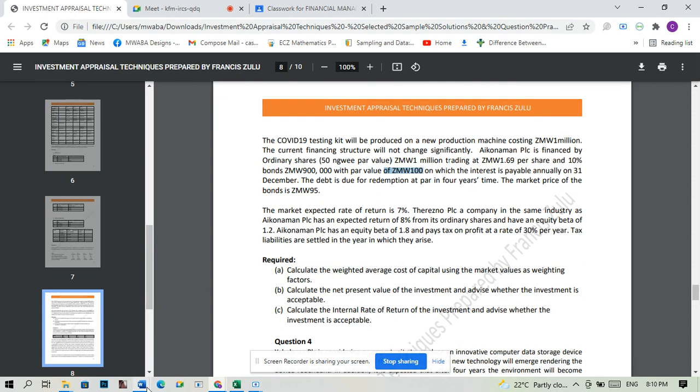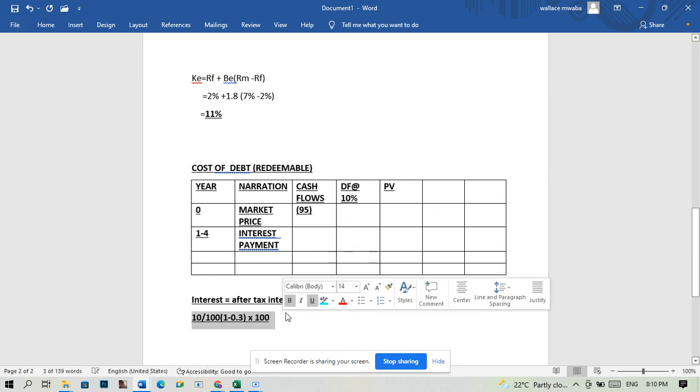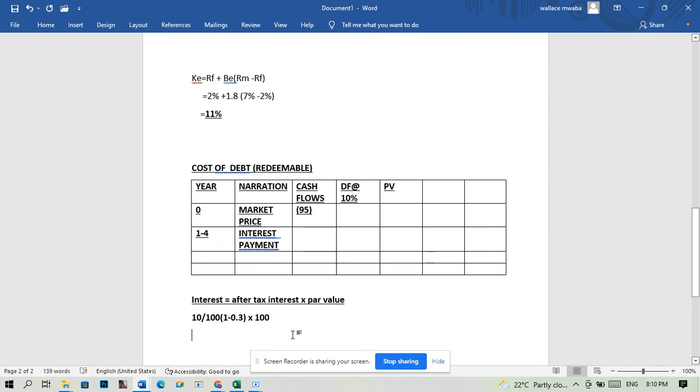So 1 minus 0.3, you get 0.7. 0.7 times 10, you get 7. Then 7 divided by 100, you get 0.07. Then 0.07 times 100, you're going to get 7 kwacha. So every year you're going to be receiving 7 kwacha.